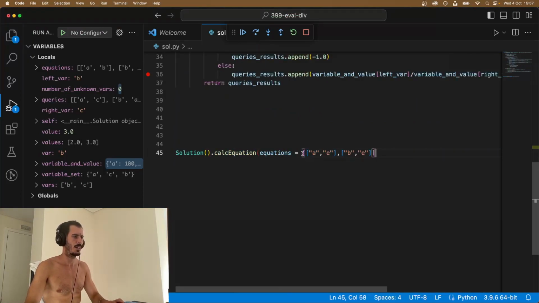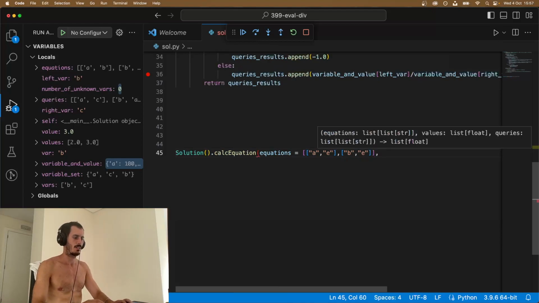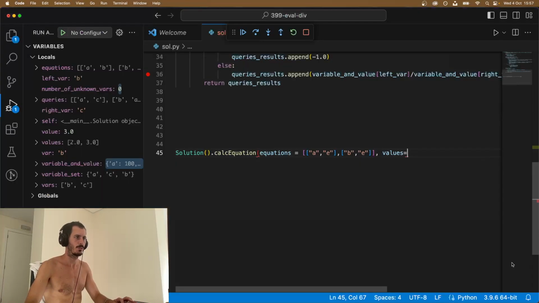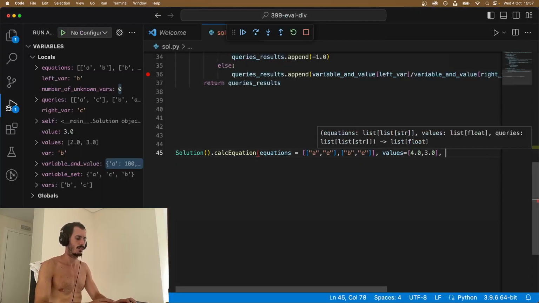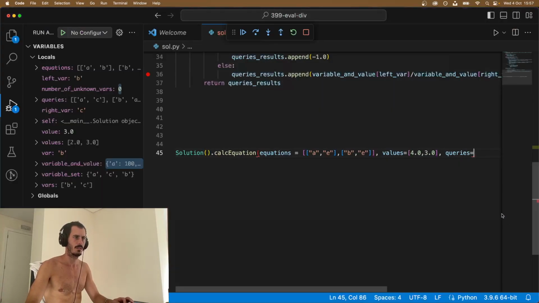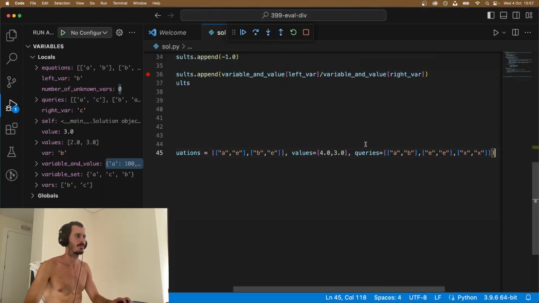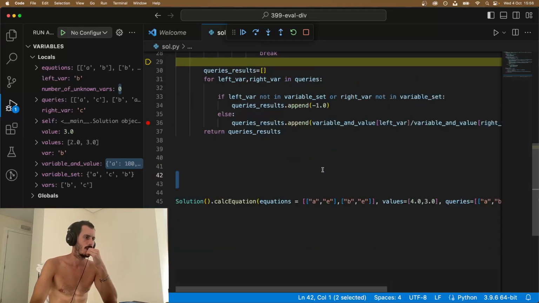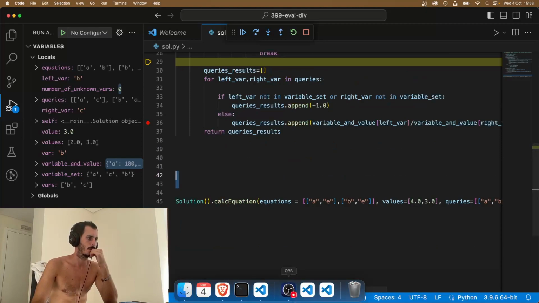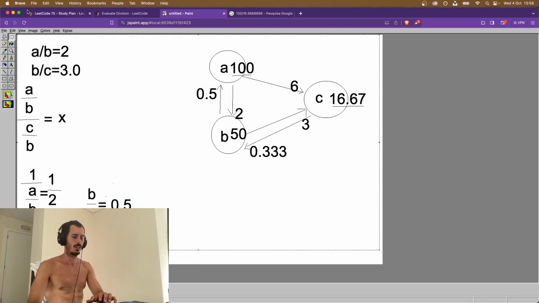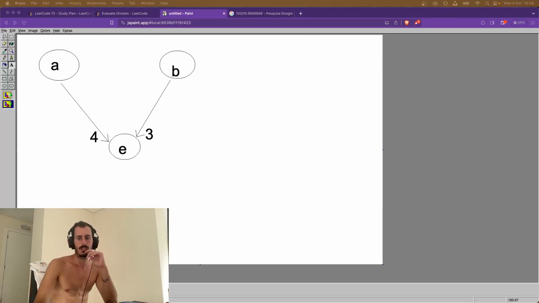Equations equals A E, B E, values equals 2 and 3, and queries equals this. So I'm even going to draw it. I'm going to pause and draw it.